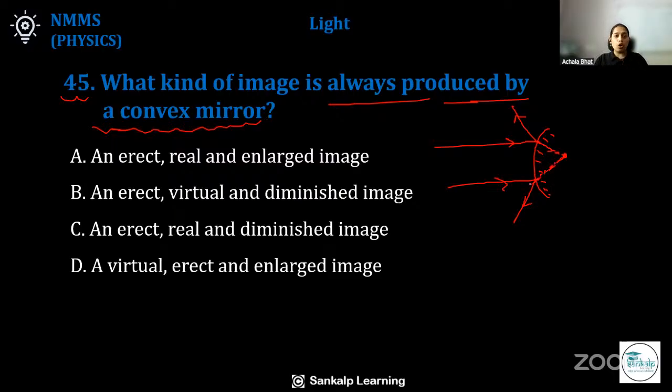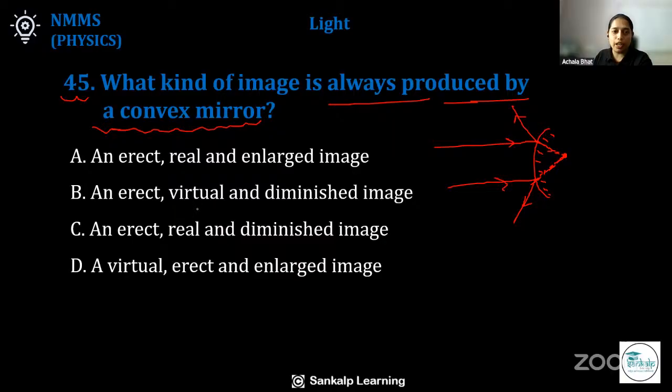This is called which type of image? Yes, virtual image, which we cannot obtain on the screen. There are no actual light rays converging, so we cannot obtain that image on the screen.